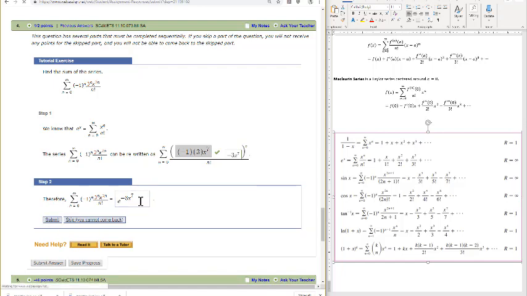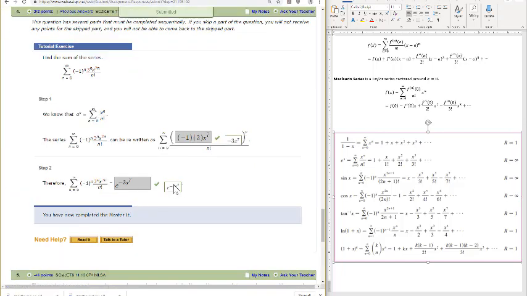So that is the sum. If we had specific values for x, we can actually just put that in and get the values. But here, more generally, we've found a function that represents this series. And the series can be represented as e to the negative 3 times x to the 7th. Okay, I hope that helps.